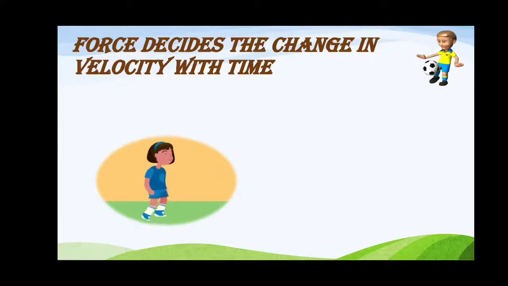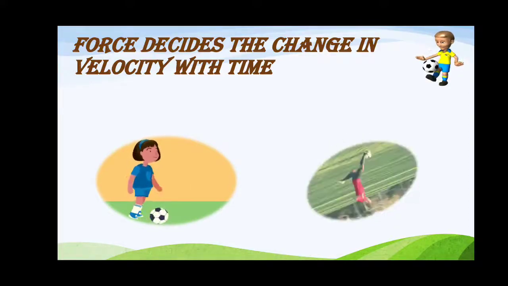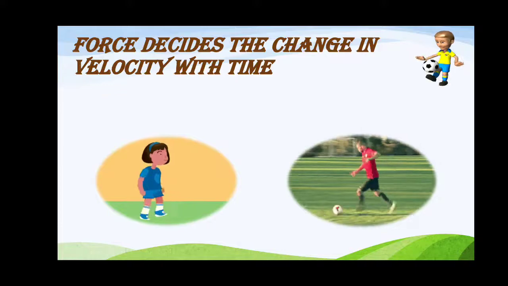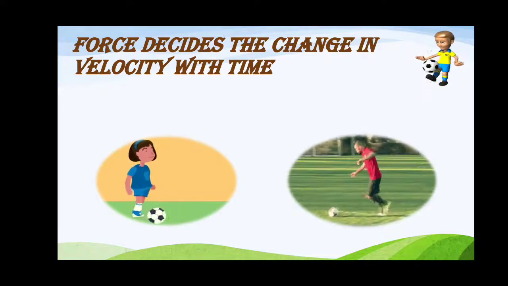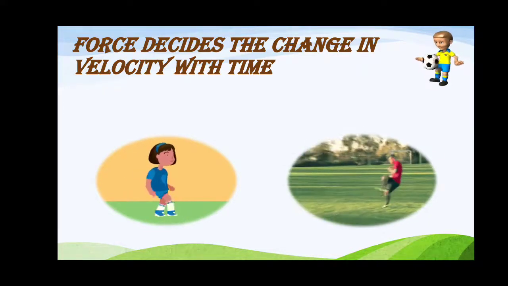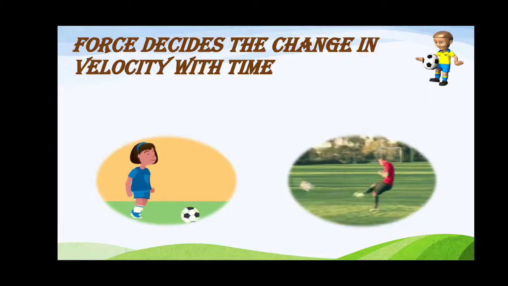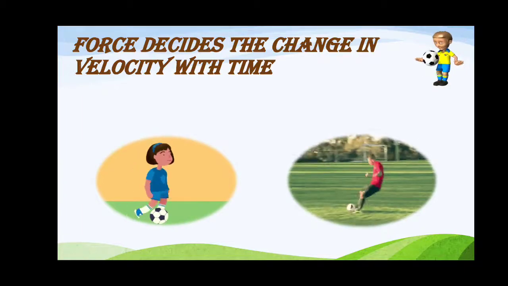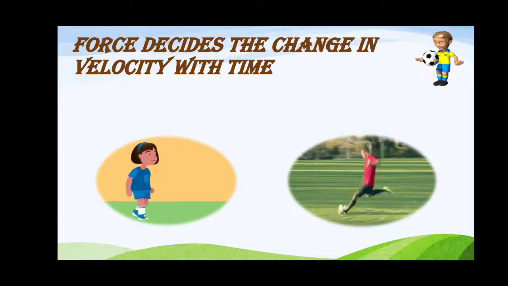When she kicks the ball, she is able to apply a very small amount of force. So the change in velocity of the ball is very less. But here a big man is hitting the ball, and when he hits the ball, he applies a great force, and when he applies a very great force, the velocity changes at a higher rate.